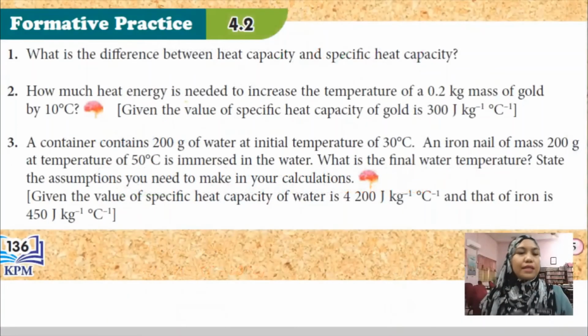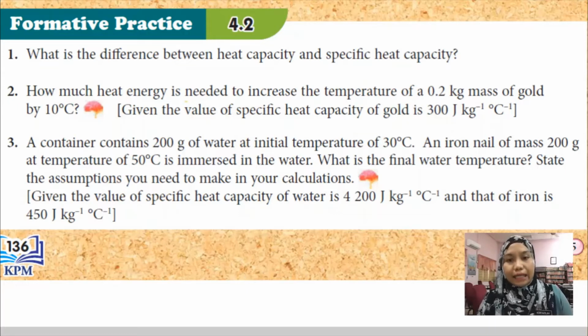Now question 3. A container contains 200 grams of water at an initial temperature of 30 degrees Celsius. We can see that the unit is not an SI unit, so the first thing to do is convert it to kilogram.